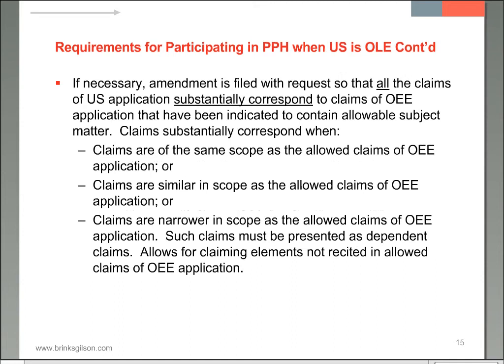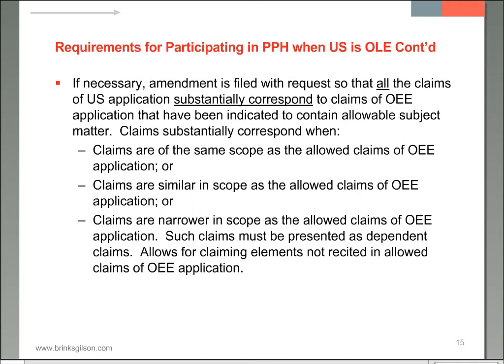Okay, one of the interesting things I find about the PPH process is a limitation on claim amendments. The claims must substantially correspond to those in the office of earliest examination. Under U.S. practice, this means that the claims are, one, of the same scope as the allowed claims in the OEE, two, of similar scope as the allowed claims in the OEE, or three, they're narrower than the allowed claims of the OEE.